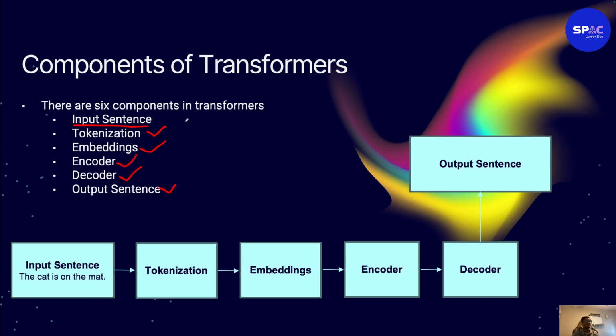What we're trying to do today is to understand all of this. You can see I have a very cool diagram here for you. For example, if the input is the cat is on the mat, it will tokenize it, create embeddings for it, encode it, decode it, and it will be able to learn from it and also give you results.